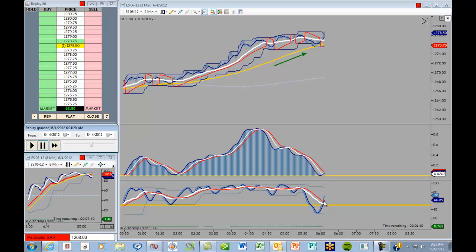Okay, crossover on the stochastic, almost on the MACD, and a flip on the parabolics.